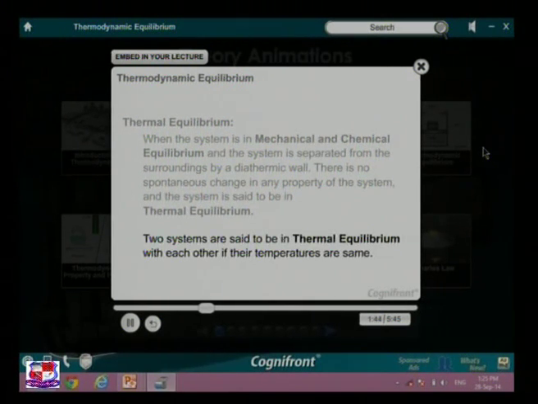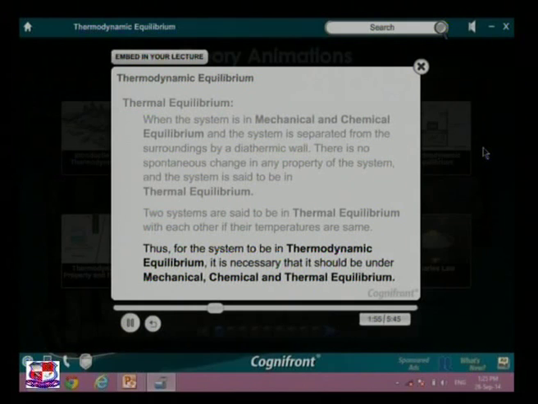Two systems are said to be in thermal equilibrium with each other if their temperatures are the same. Thus, for the system to be in thermodynamic equilibrium, it must be under mechanical, chemical and thermal equilibrium.